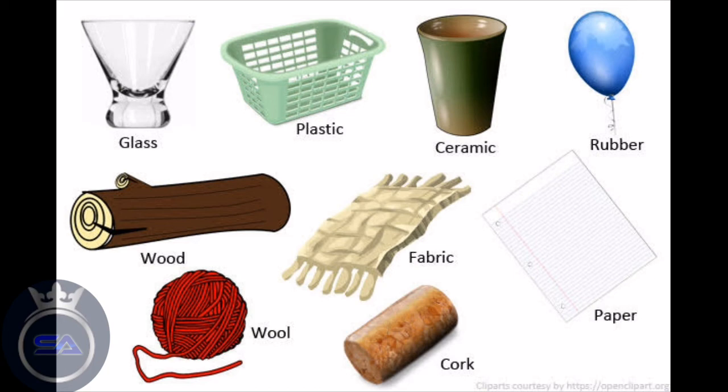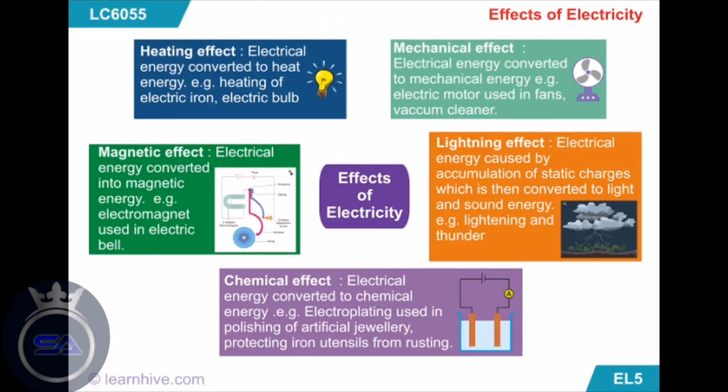Next subtopic is effects of electric current. Let us explore three primary effects of electric current which are helpful to us. Heating effect of electric current. When electricity passes through any material, it heats it up. A few electrical appliances are designed to use the heat generated by supplying electric current.